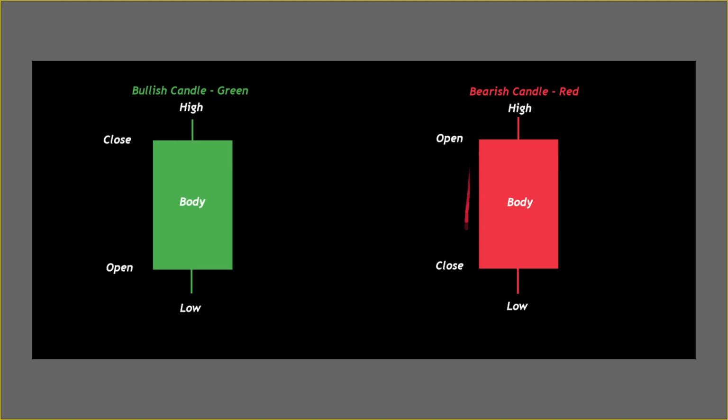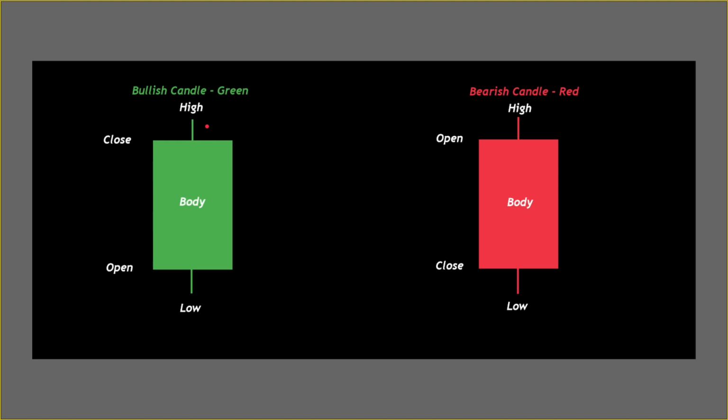And it does not matter the size of the drop. This could be a significant percentage decrease or a very small percentage decrease. Even if it's a 1% decrease in price, it would still be a red candle. Now the body might not be as big, but it would still be red, or it would still be green if price went up.